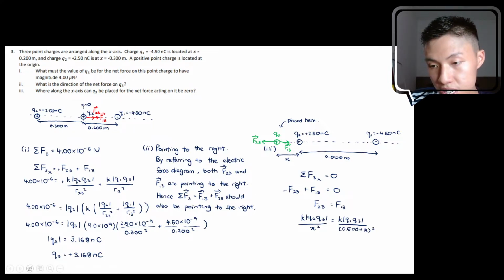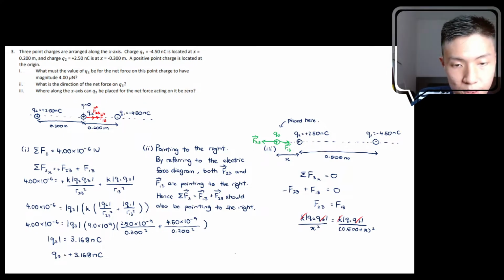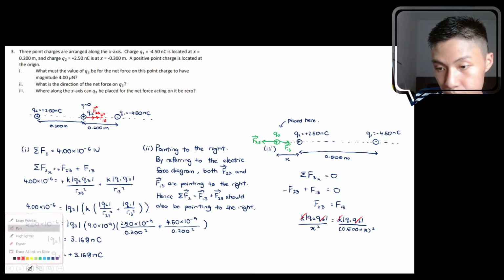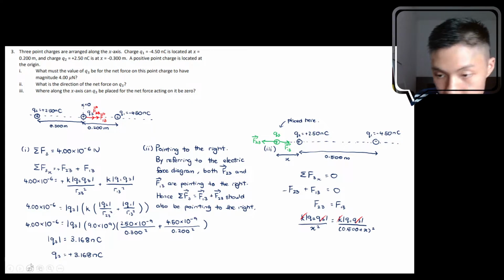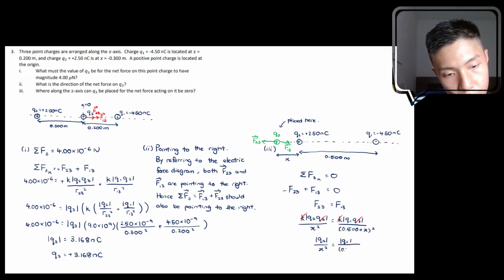When you reach this stage, there are some things you can cross out. Cross out the k, and cross out the Q3. Eventually you are left with Q2 over x squared equals Q1 over (0.500 plus x) squared.